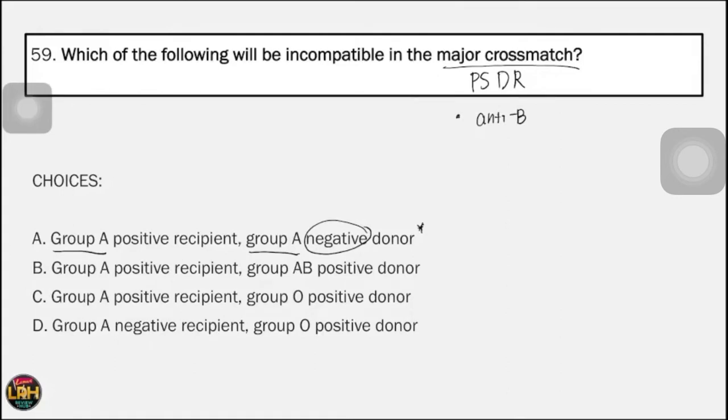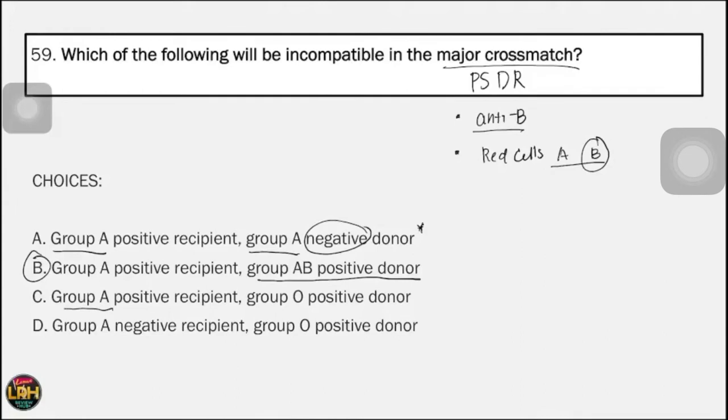So here, if the donor red cell types as group AB, meaning to say the red cells contain A antigen and B antigen on its cell membrane, this anti-B will later on react with the B antigen present on the donor's red cells. So number 59, the answer is letter B.